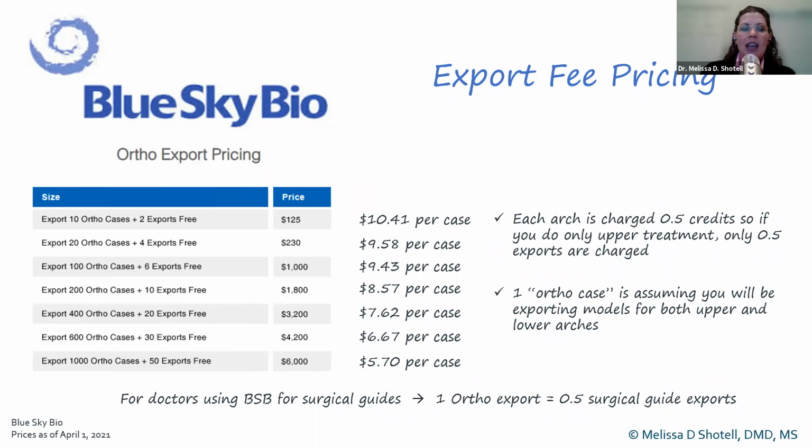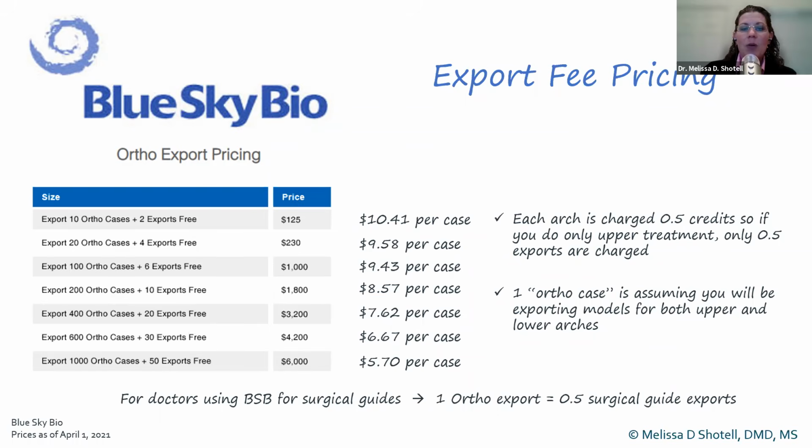And when you purchase 10, you get 2 additional exports for free for $125. This breaks down to just under $11 per case if you're purchasing the minimum. However, if you're purchasing 1,000 exports, you can bring this down to $5.70 per case.